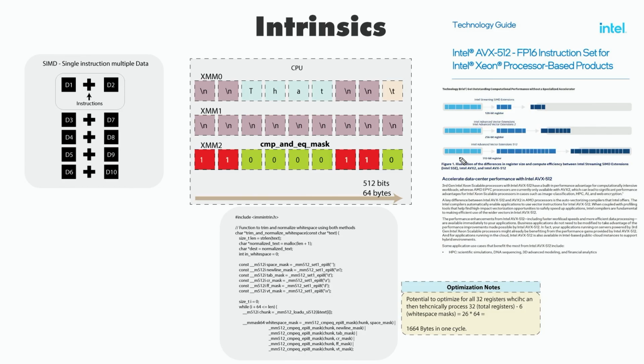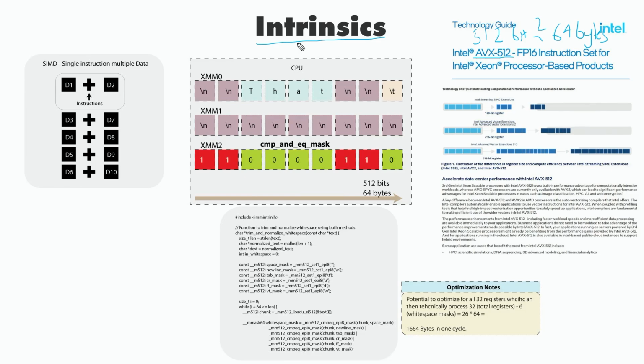And then the last part of parallel processing that you could do to optimize your code is Intrinsics. Intrinsics has a one-to-one mapping with the instruction set of your processor. Intel has something called AVX512, which is 512 bits, which is exactly 64 bytes of data.